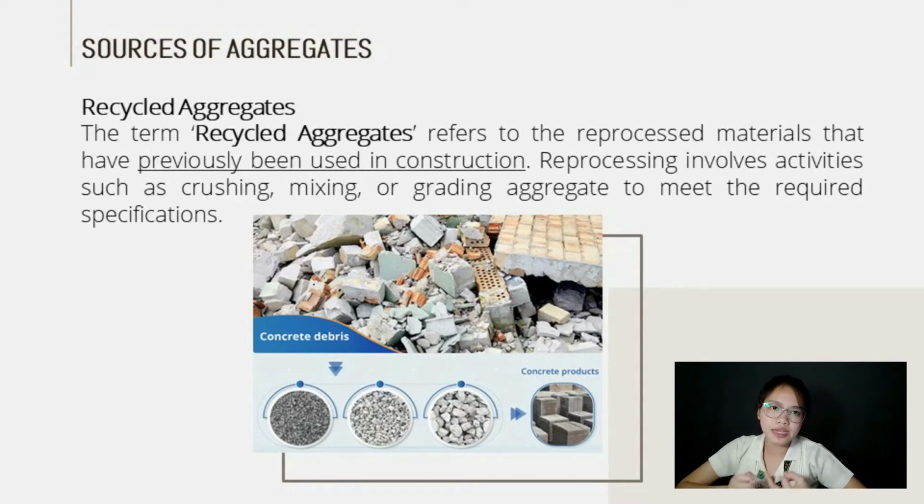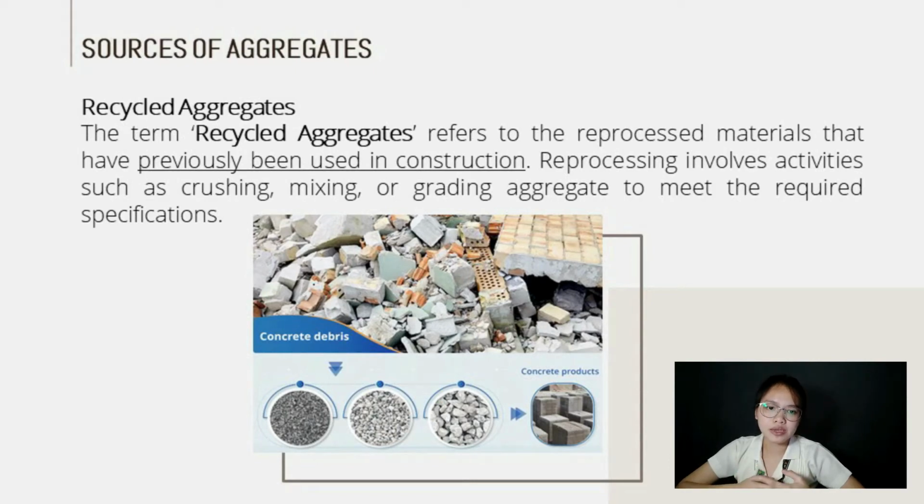So, before finally approving the use of recycled aggregates in construction, it needs to meet the required specifications. After the processing, it will undergo testing, and it should meet the standards.